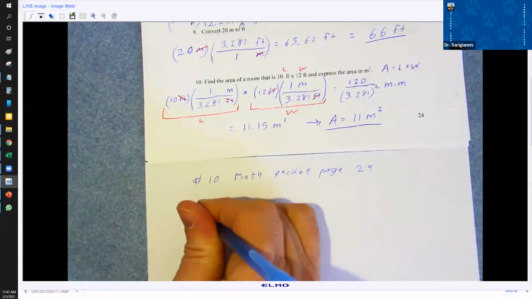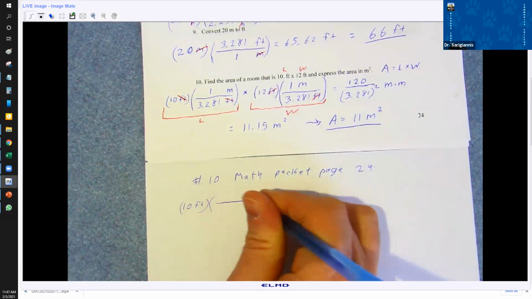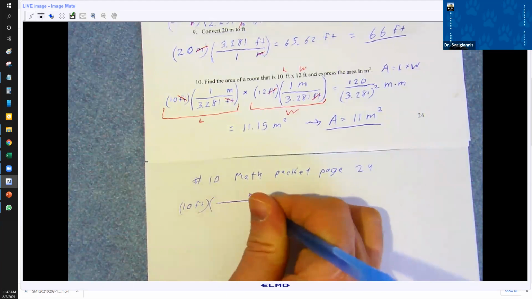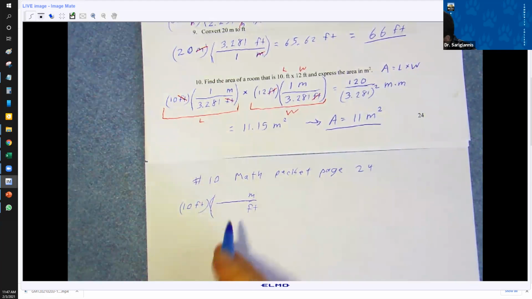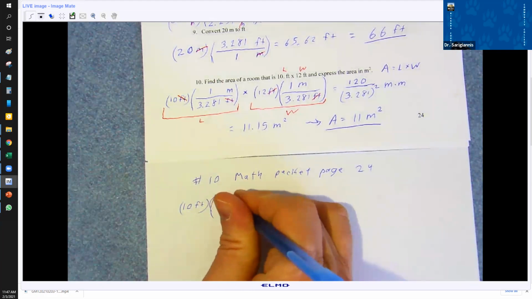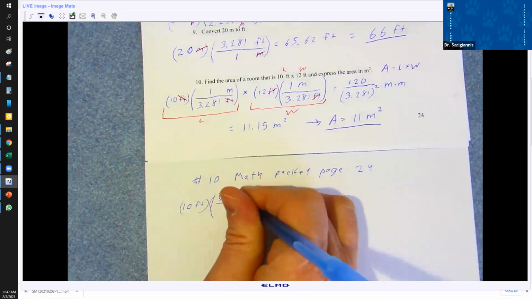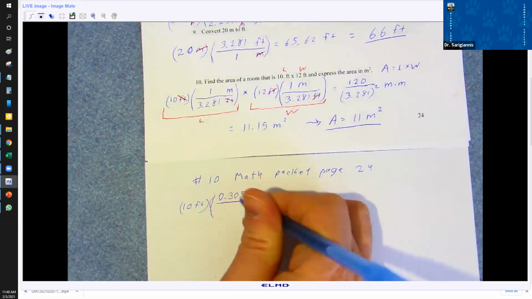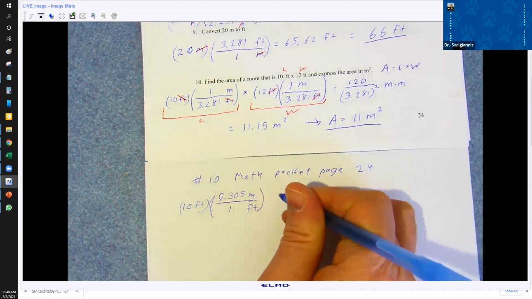We've got 10 feet. Notice the units are still the same ratio. We want to get rid of feet and get meters, except now we have 0.305 meters on top and 1 foot on the bottom. And this is our length.